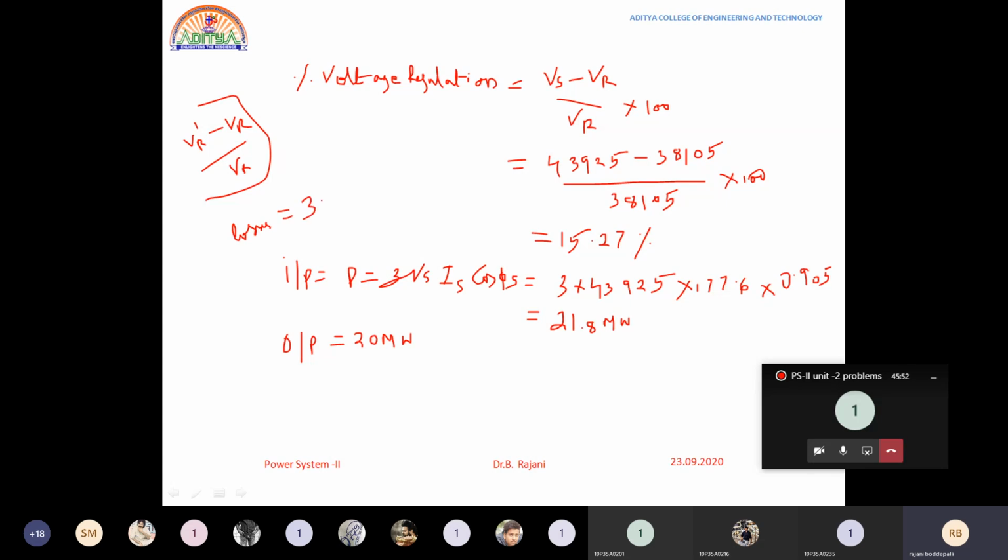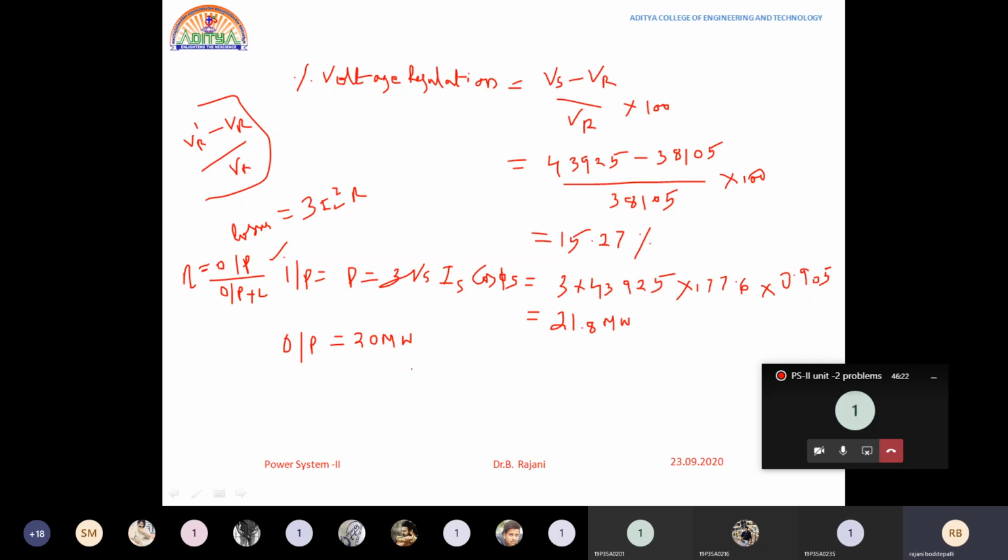Now the efficiency can be written as output by output plus losses, which is one method of finding the efficiency.